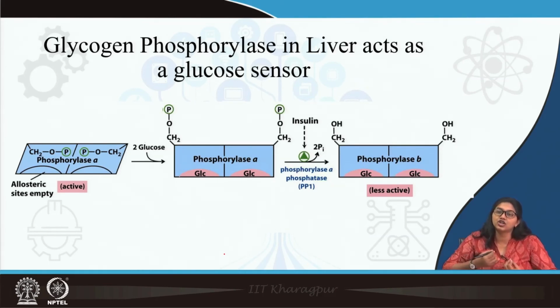So, there is formation of glucose, and that glucose is released in circulation. Now, when there is a raised blood glucose level in circulation, that glucose enters inside hepatocytes. In hepatocytes, it binds to the allosteric sites of phosphorylase A.